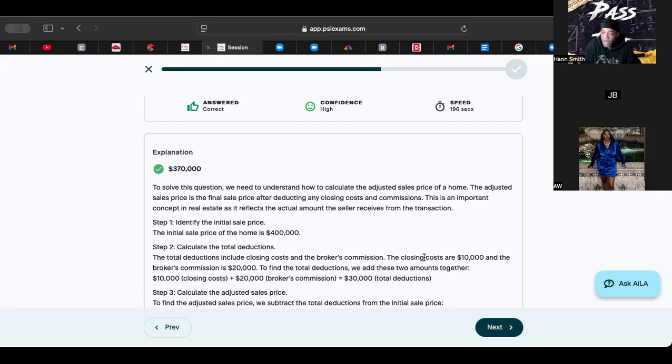You see that. And I tell people with anything in math, the only thing that you're going to be doing is adding, subtracting, multiplying, and then dividing. I don't care what type of math it is. You're going to be doing one of those four functions or all of them within the same problem. But what I really want you to understand is the concept of seller's proceeds and why it is important, and mainly that you have equations to figure this stuff out.